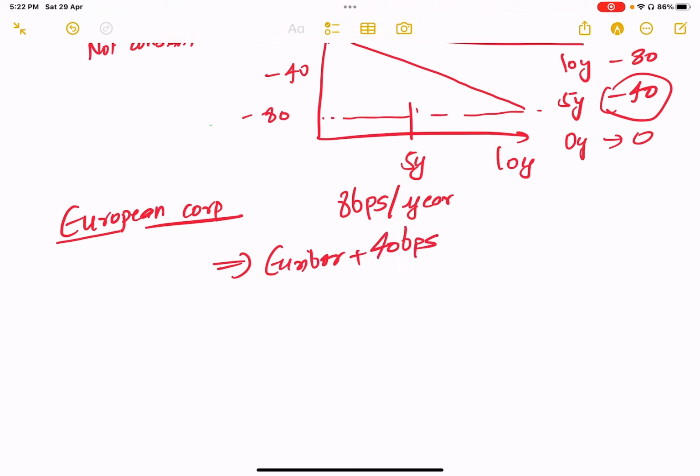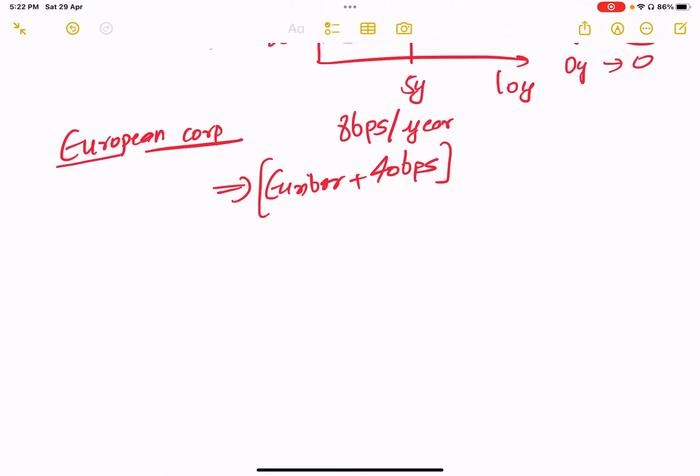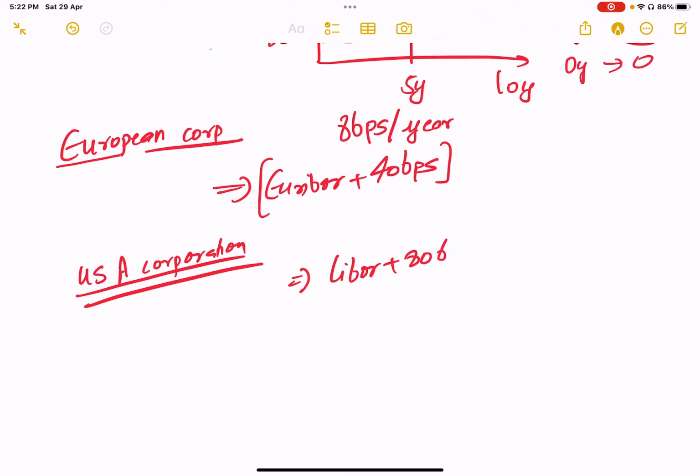Now, on the other side, there's maybe a USA corporation, maybe Apple. If it does it in the US, then it has to pay LIBOR plus 80 bips. Now this is the actual cost. I'm assuming that I can finance at LIBOR, but I have to pay plus 80 bips somehow.